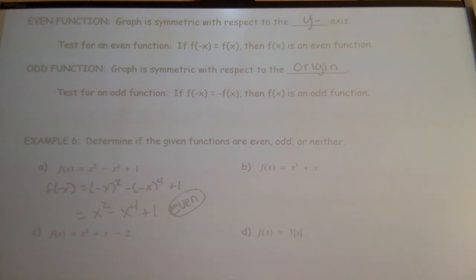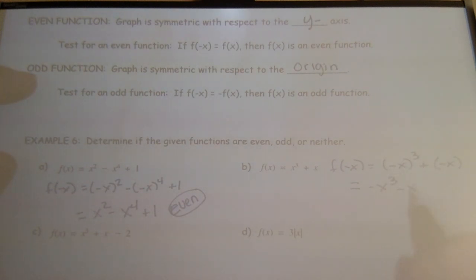Then for b, I'm going to plug in a negative x. So that's a negative x to the third plus a negative x. What's a negative number raised to a third power? Negative.